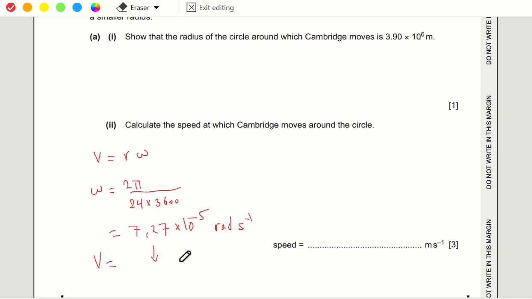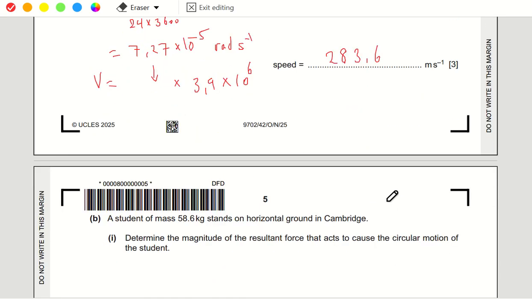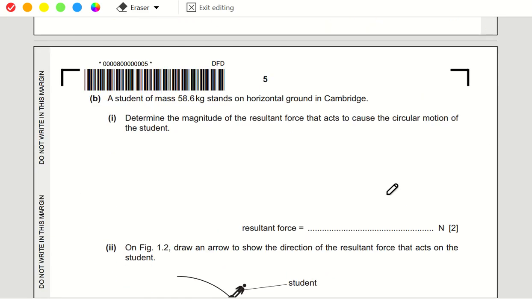So this omega times the radius, we have 283.6, or we can say 284 meters second to the minus 1.